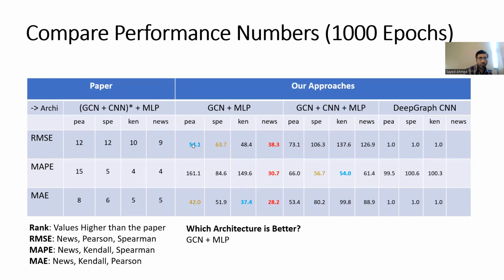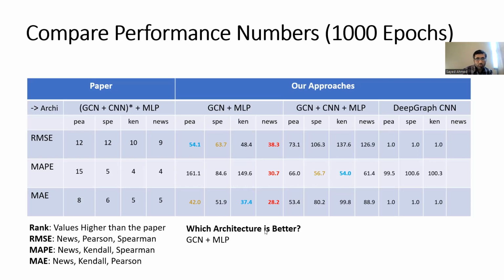So RMSE, right? MAPE, news, Candle, Spearman. Okay, 30, Candle, and Spearman, right? But it's a different architecture. But in terms of just the correlations, that's how things go.